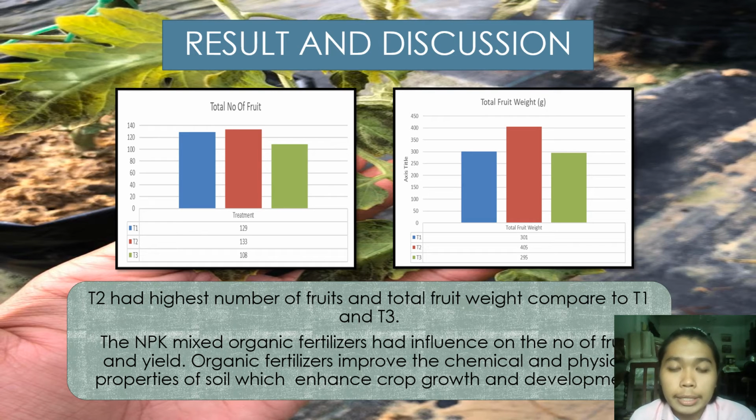The NPK mixed with organic fertilizer had influence on the number of fruit and yield. Organic fertilizers improve the chemical and physical properties of soil, which enhances crop growth and development.